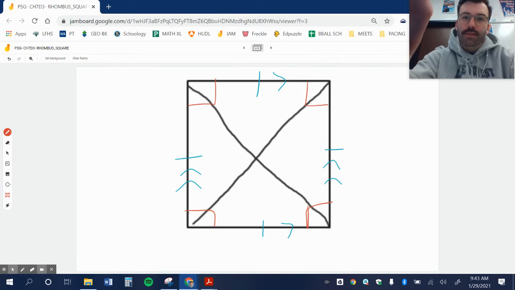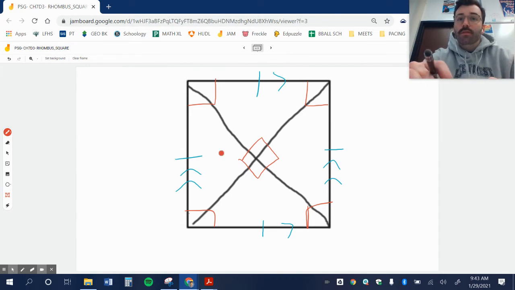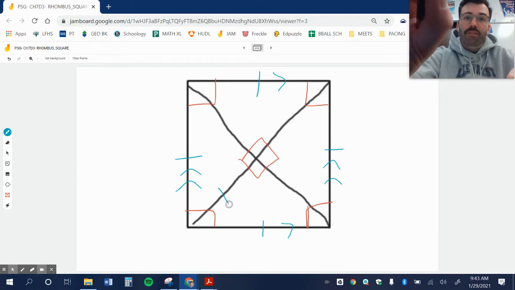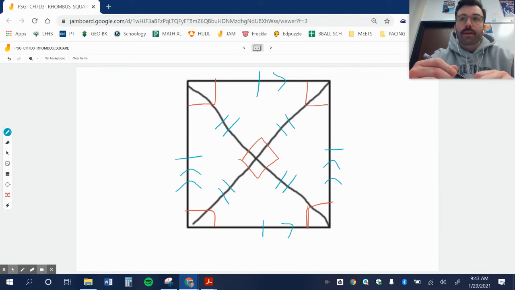The diagonals themselves from a rhombus are perpendicular. So yes, we have 1, 2, 3, 4 right triangles in here. What else do the diagonals do? Well, from the parallelogram, they bisect each other. And from the rectangle, they're congruent. So all 4 pieces in here are going to be the same.